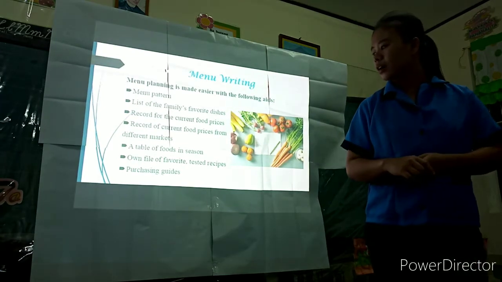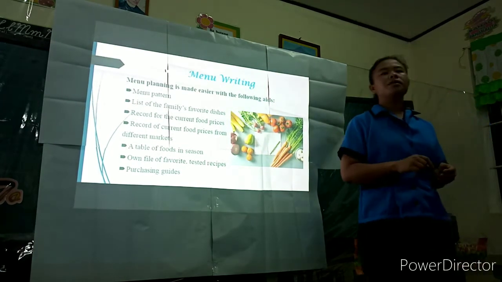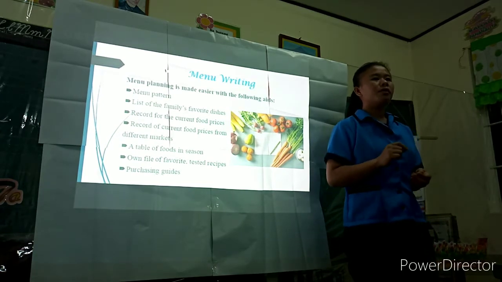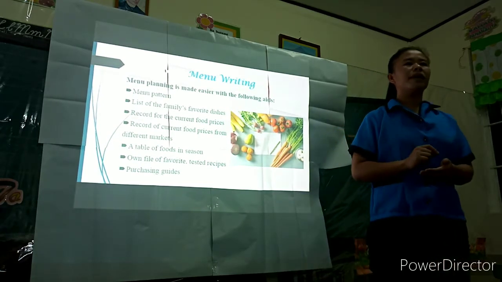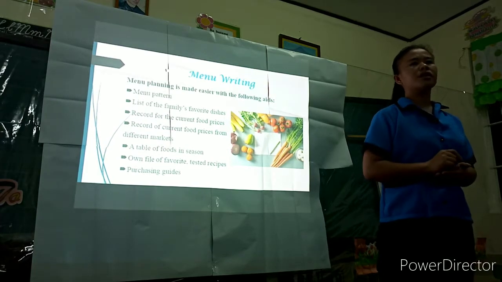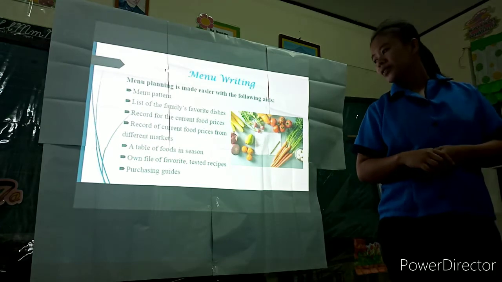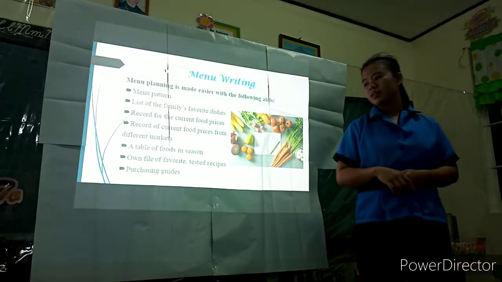And next, a table of foods in season. When you already know the table of foods in season, you can be assured that what you're going to buy, like fruits or vegetables, is available in the market. Next is your own file of favorite tested recipes.